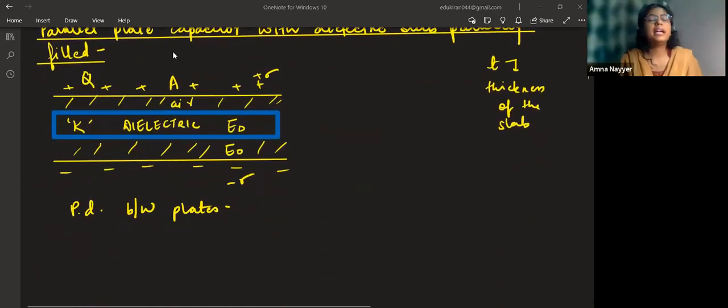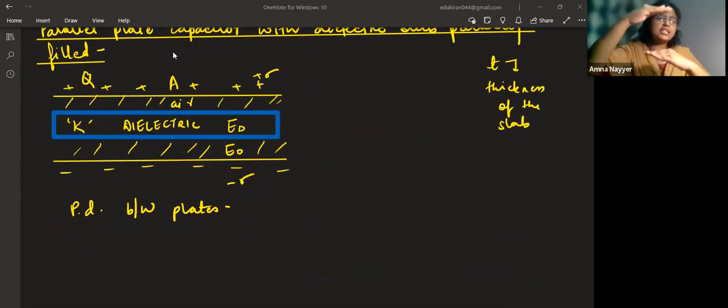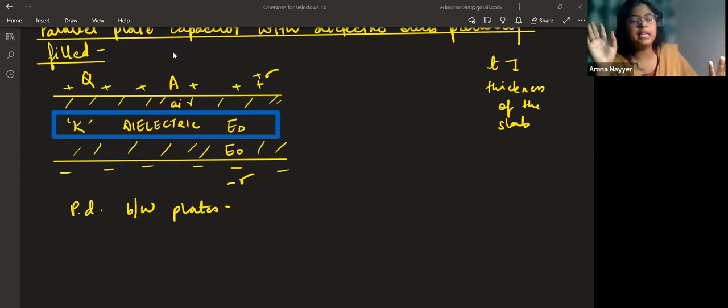Class, parallel plate capacitor with dielectric slab in between. When this slab wasn't there and just air was between them, the capacitance formula was epsilon naught A divided by D. When the entire gap was dielectric slab, the formula became K epsilon naught A by D. These are the two cases we have seen: when it was completely dielectric and when it was completely air.